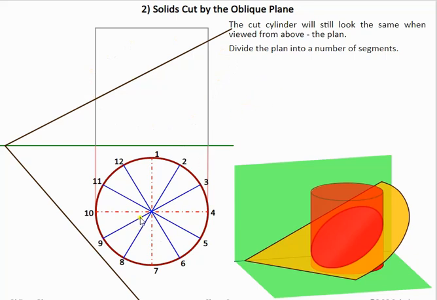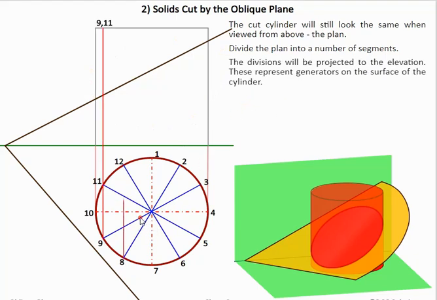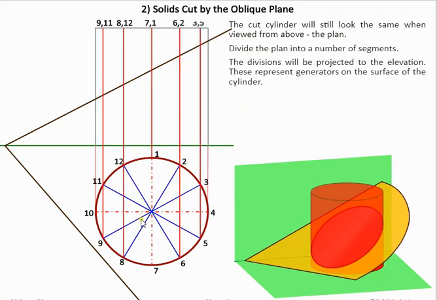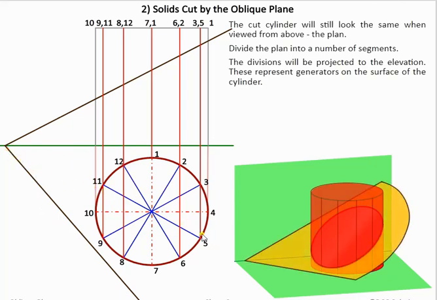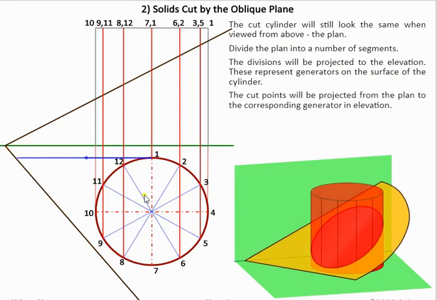So we take each of these points, bring them up to our elevation first of all, and next we're going to bring all these points parallel to HT.